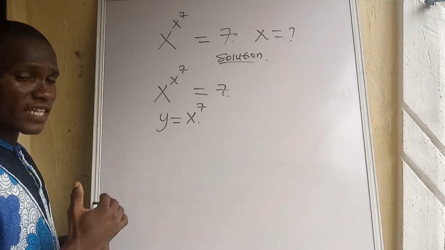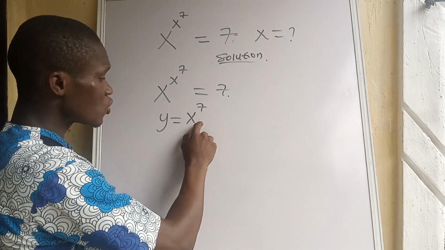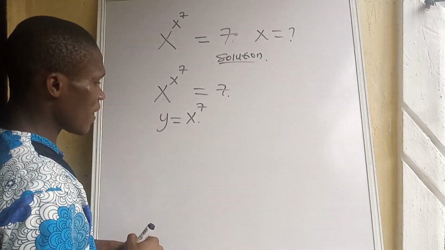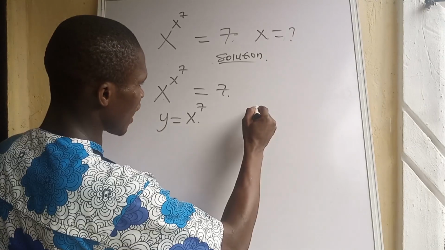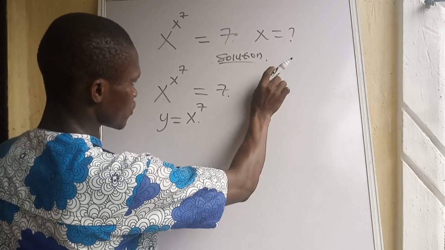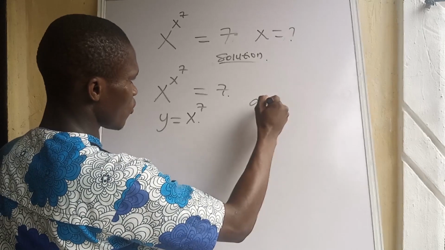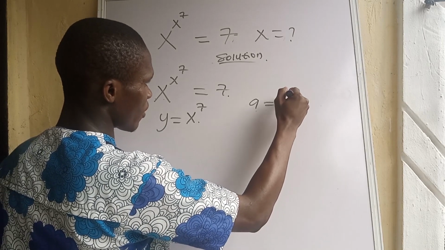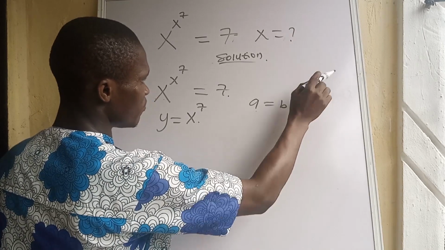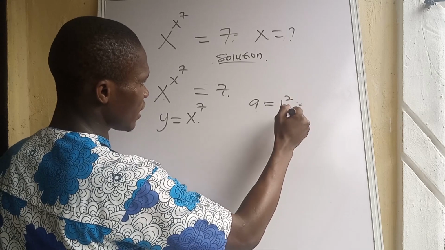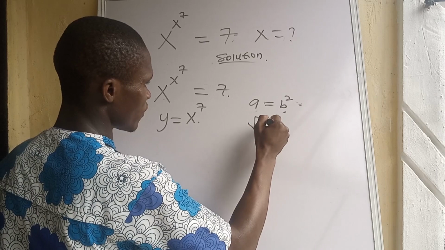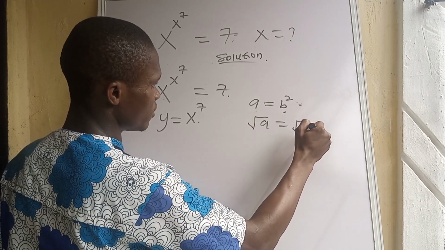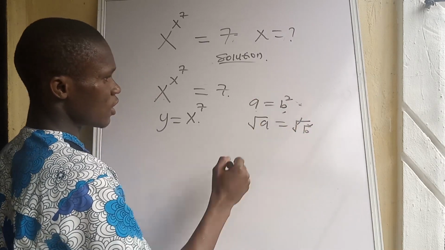At the same time we are going to look for x. So if we want to make x the subject of the formula, according to the principle of indices, if we have a equals b to the power of 2, we can take the square root of both sides, so this and this will cancel off.